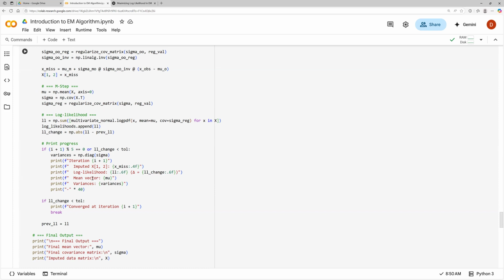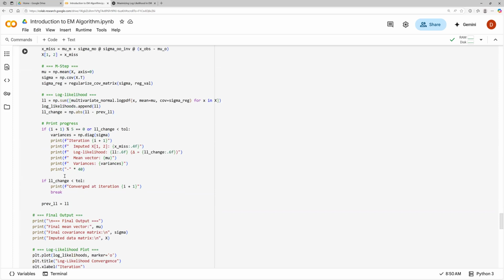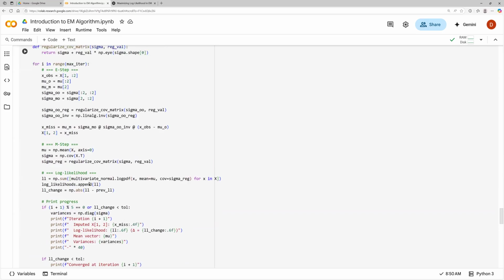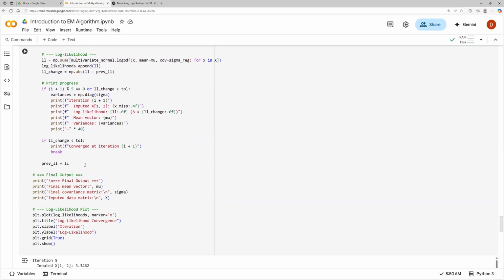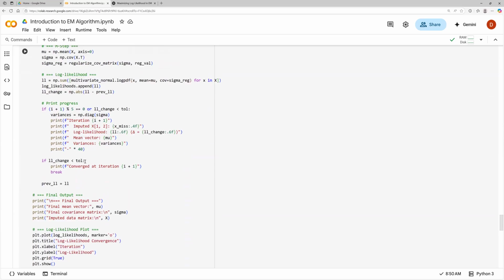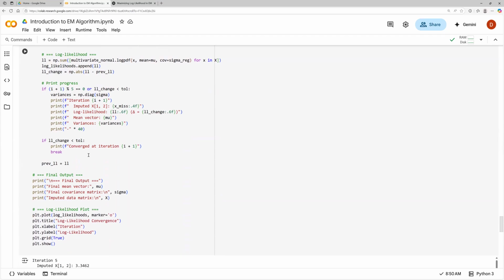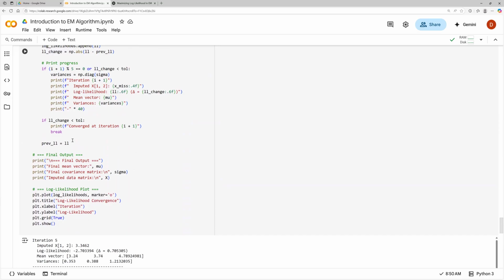We track the changes, and it converges when it's less than the tolerance. So this should look familiar to those that know optimization and have looked at things like gradient descent. It's similar ideas, a little bit different, obviously. The idea of convergence to stable parameters.